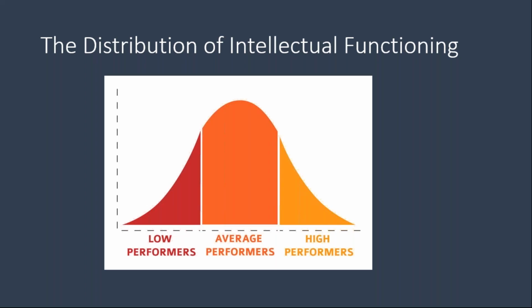We apply this same concept when we think about intellectual functioning. So the intellectual disability population is this population over here to the left. They're the small group of the entire population who are performing on the lower end of the scale of intellectual functioning. The opposite end of this curve would represent really high performers, individuals we might call gifted, for example, but most people are going to fall in that average range.